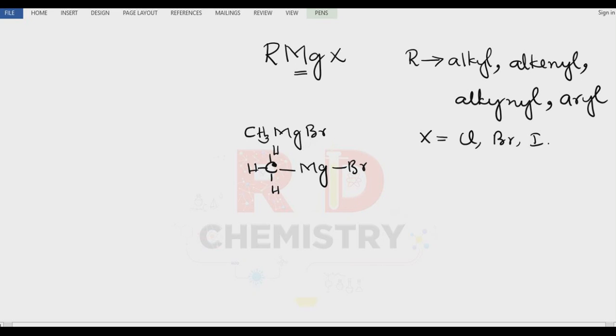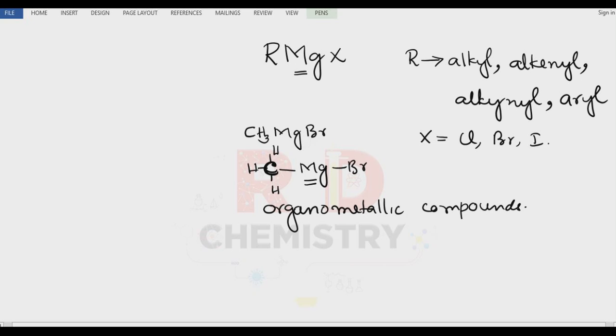Here, carbon is attached to the metal part. The methyl group is organic, and magnesium is a metal, so it is an organometallic compound. Grignard reagents are also called organometallic compounds. Now, how to prepare these Grignard reagents?